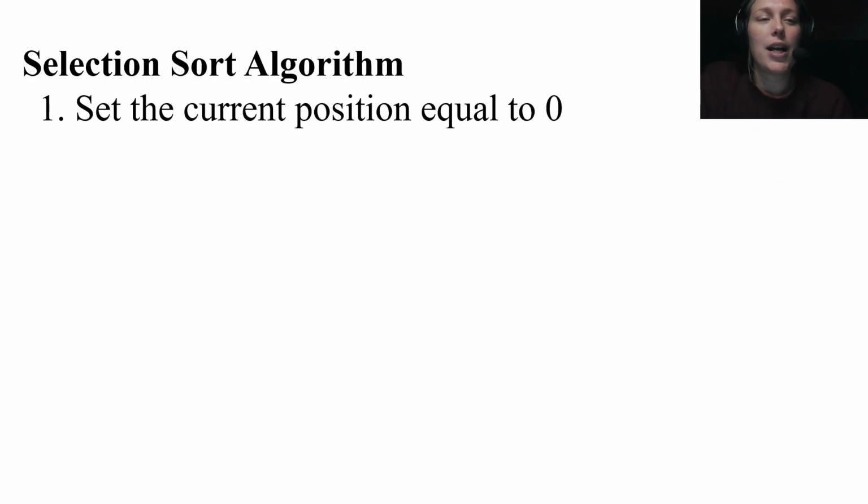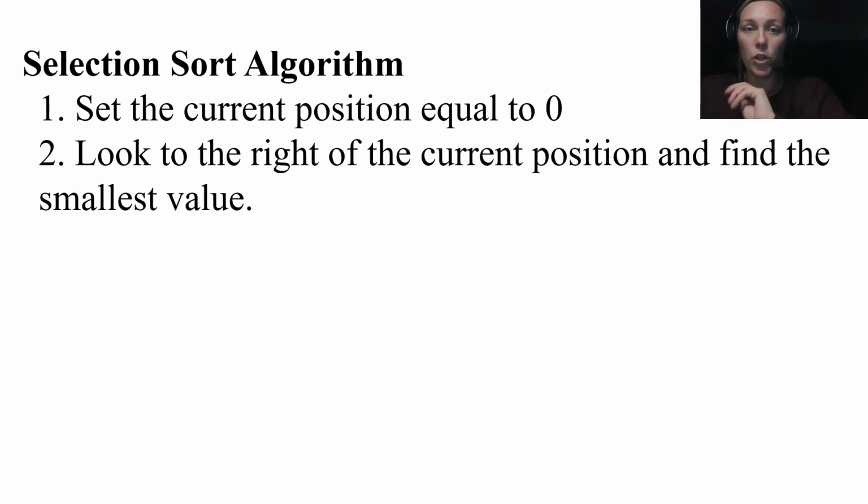Obviously, I'm not one. The selection sort algorithm starts off by setting what we call the current position equal to 0. The current position represents the current index that you are on, so you start this algorithm at index 0. You look to the right of that current position and find the smallest value.